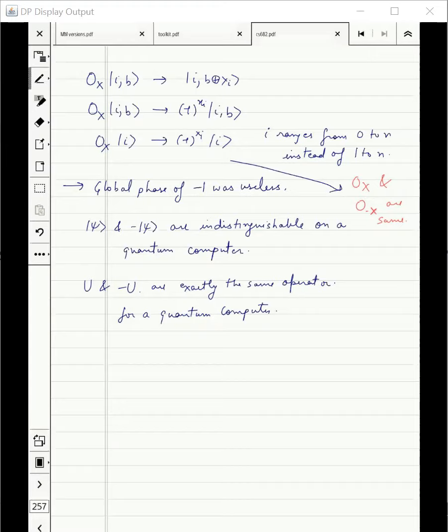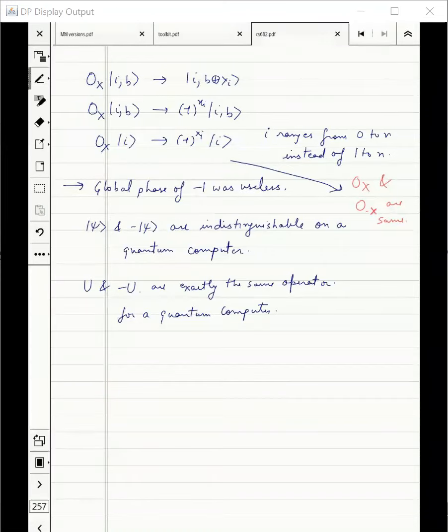Sounds good? Questions? So psi and minus psi are indistinguishable on a quantum computer. Is that clear? Yes.